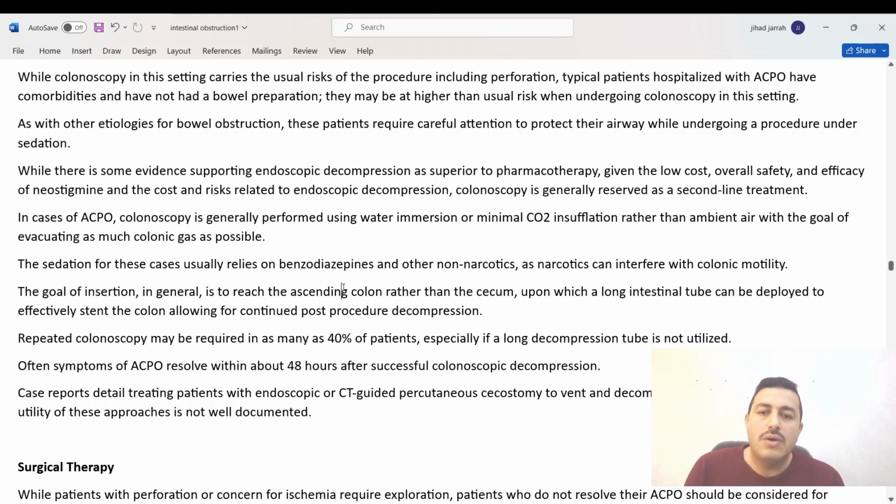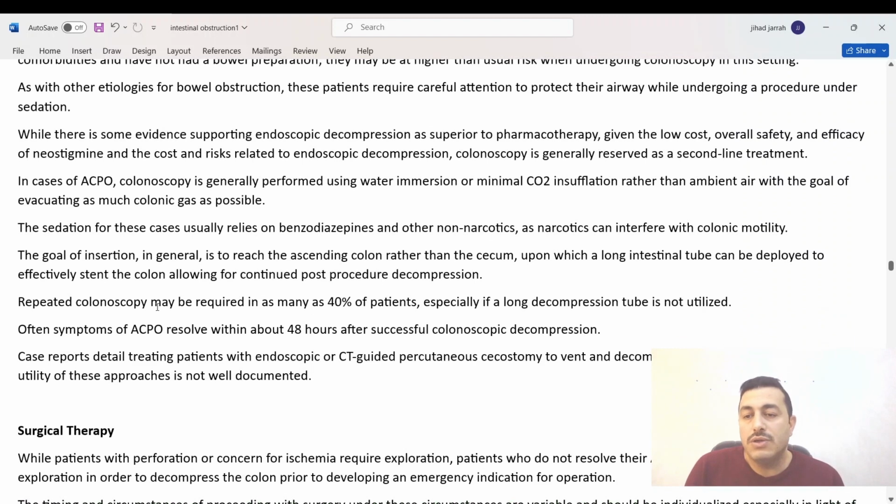Sorry, the ascending colon, and we have to insert a rectal tube or colonic tube to give a chance for the bowel to empty these gases, and this is crucial and important when doing colonoscopy, decompressive colonoscopy for a patient with pseudo obstruction.